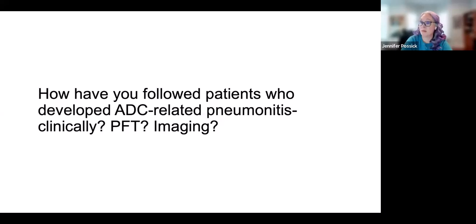At the beginning of that journey, you want to make sure that they're actually responding as expected. The majority of people will respond to steroids, but you want to ensure that that's the case, because like with ICI pneumonitis, if you need to escalate what you're doing and upgrade them, you need to make that decision pretty early on.